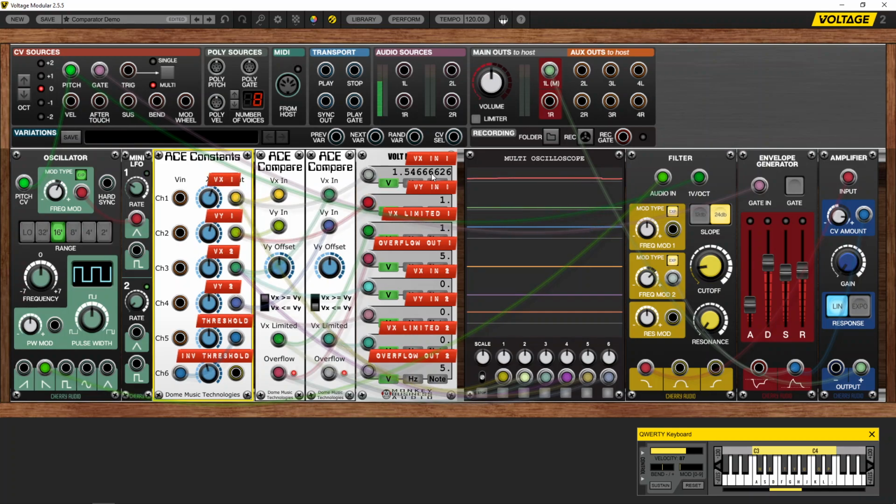As soon as Vx goes over 1 volt, then the Vx limited output just goes to 1 volt, and the overflow output goes to 5, and the LED comes on.